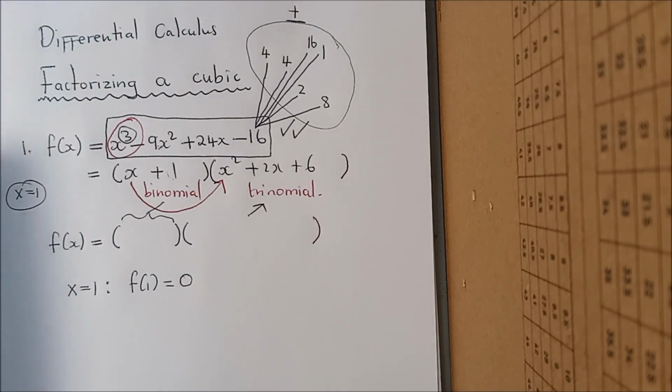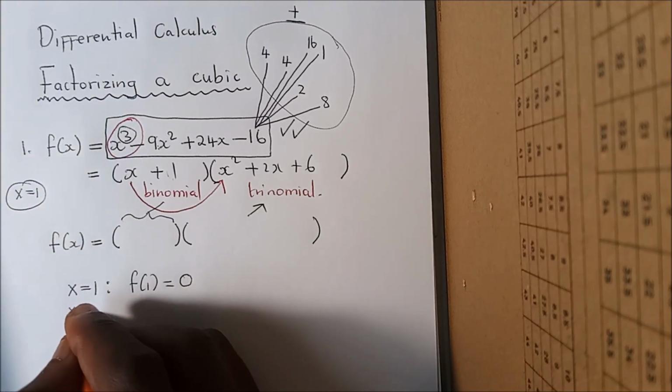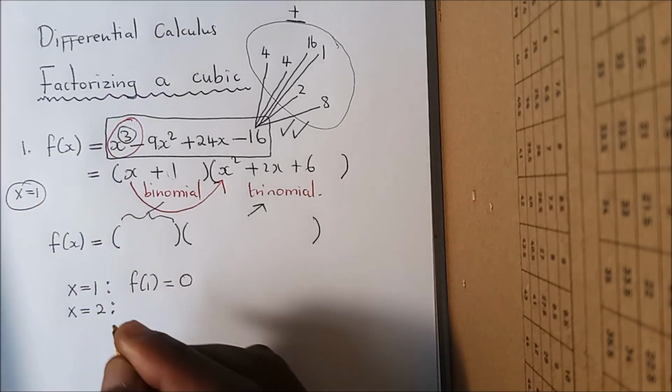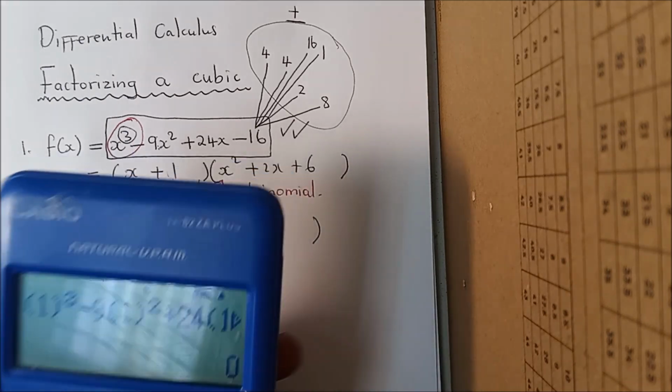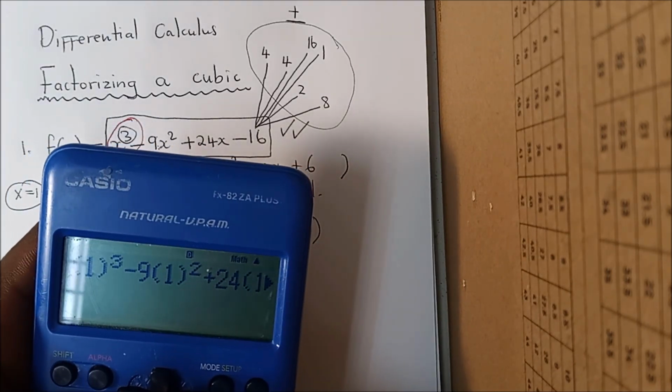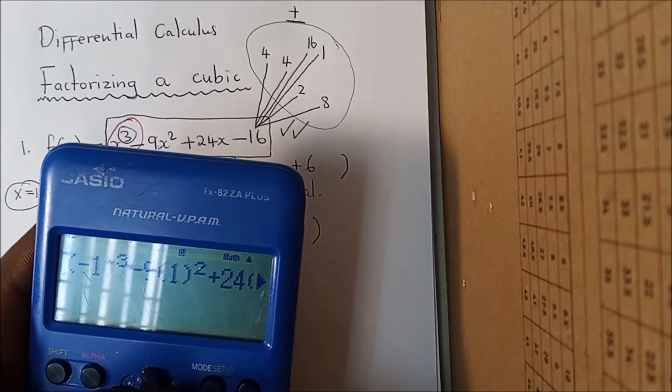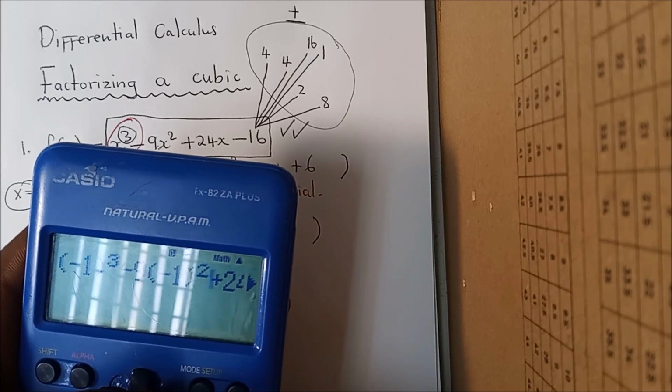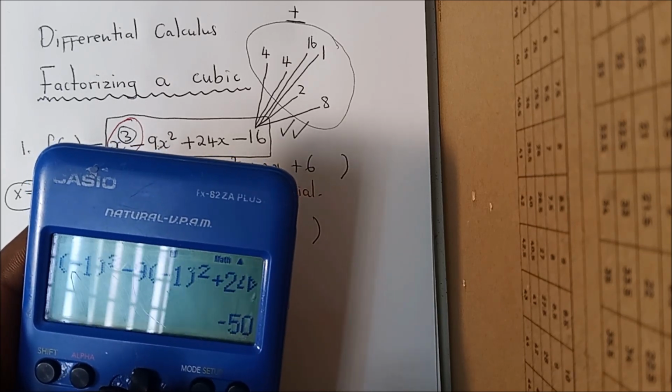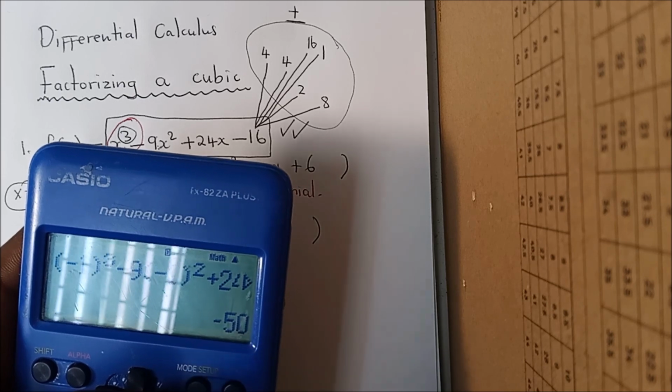So now let's go ahead and substitute the other factor, 2. If 1 does not work, you can change the sign of that one and make it negative. So if you make it negative, you'll see what will happen. Let's see. So you see the answer is negative 50, and this is not 0.